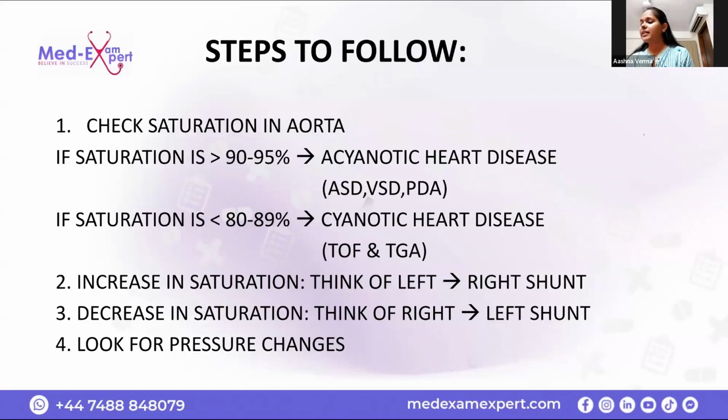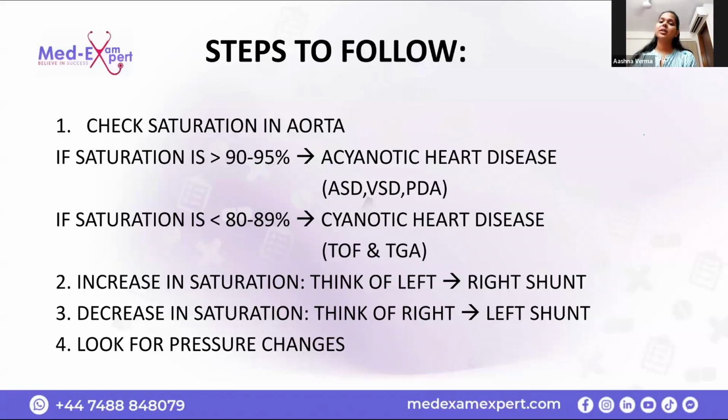So if there is increase in the saturation of right atrium, that is abnormal, that is not normal, right? And if it is abnormally increased saturation, then you need to think of left to right shunt. Why? Because the left side of the heart consists of oxygenated blood, the right side of the heart consists of deoxygenated blood. But if there is increase in the saturation, that tells you that there is some shunting of blood from the left side to the right side. I hope you understand the point.